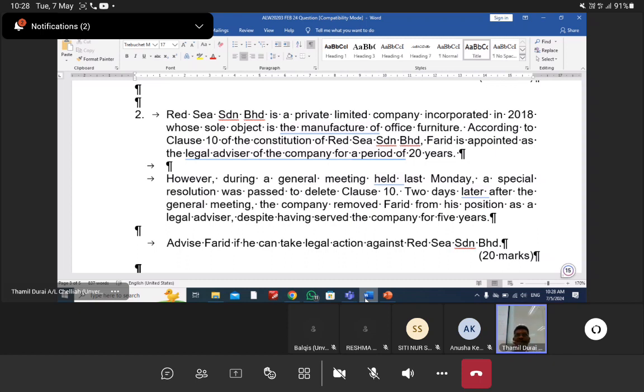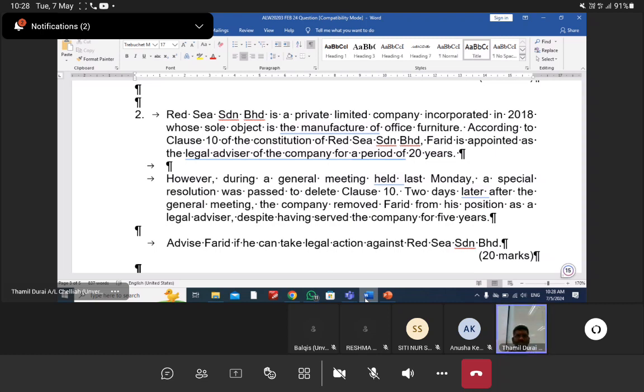For example, dividend must be given in cash. If the company wants to change that, the member can object because their right is being affected. But here, it is an outsider's position. Legal advisor is an outsider. Director is an outsider. Employee is an outsider. Nothing of that concern can be drafted into the constitution.